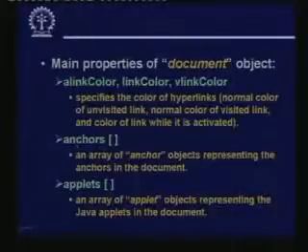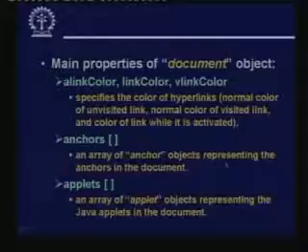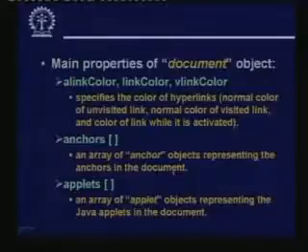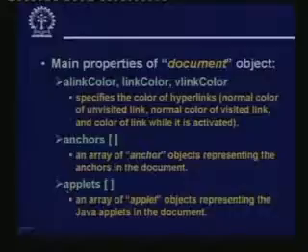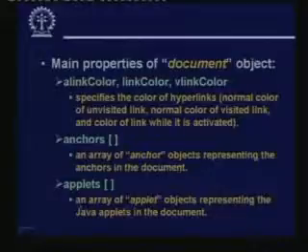So, anchors actually represent an array of anchor objects representing the defined anchors in the document. Similarly, if you have applets defined in your HTML page, then the applets property will contain the array of all the applet objects that have been defined.